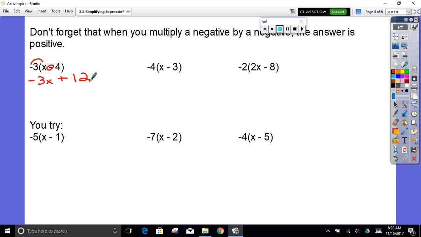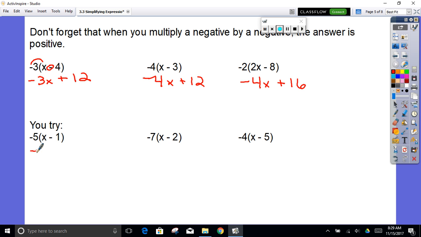Sky, can you try the next one? Negative 4x plus 12. Good. Kaylin, next one. Negative 4x plus 16. Good. I'm just going to go on with the you tries and have you guys do these on the spot. Violet, next one.